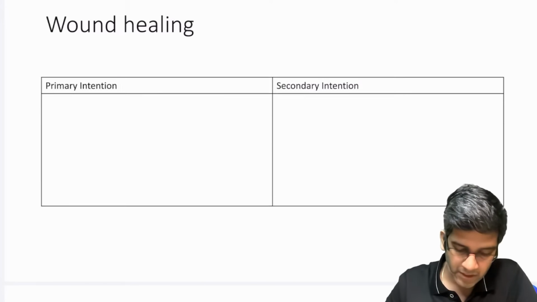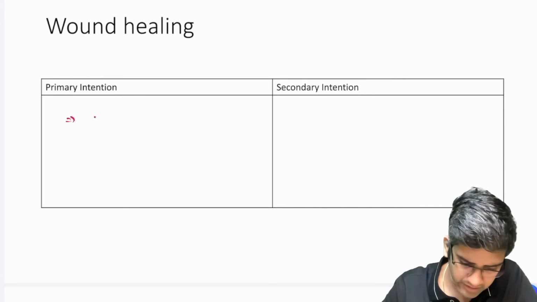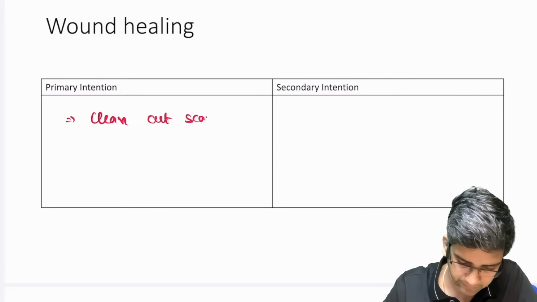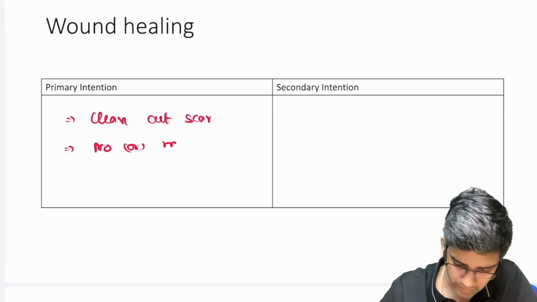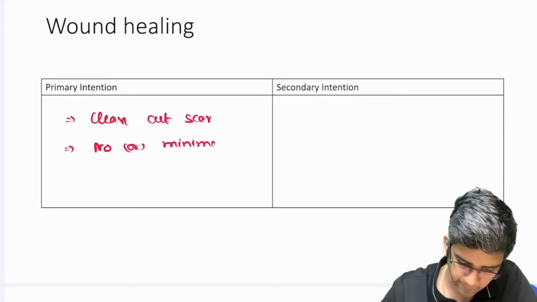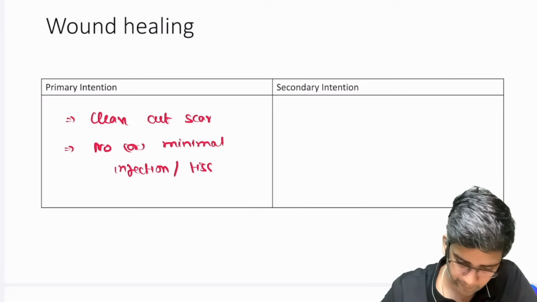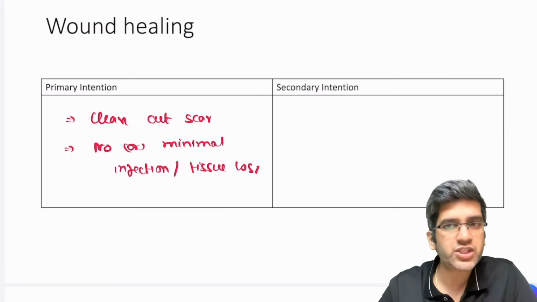Fine. So, wound healing by primary intention is a very, very clean cut scar, with no or minimal infection, with no or minimal tissue loss. If tissue is lost, secondary.